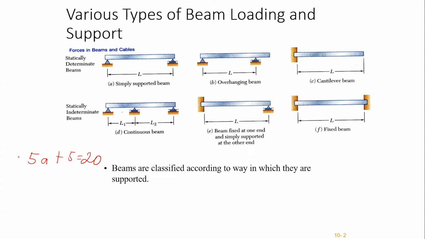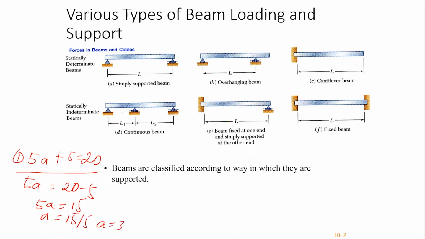So, we have one equation, one unknown. So, how do we solve that? 5a equals 20 minus 5. So 5a equals 15. So a equals 15 over 5. Then a here is what? 3.